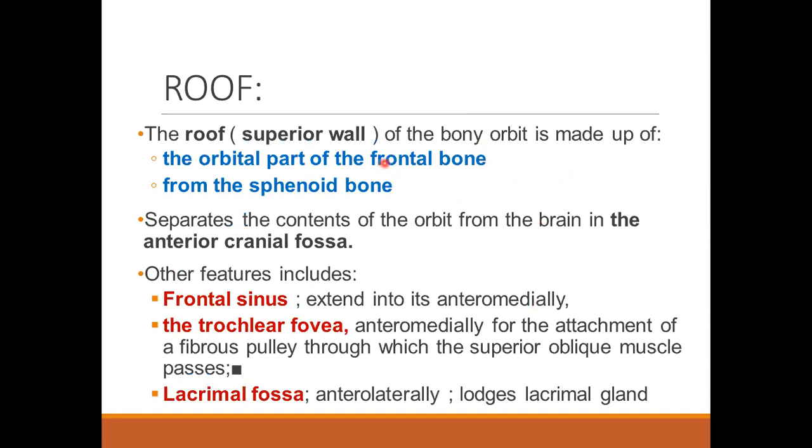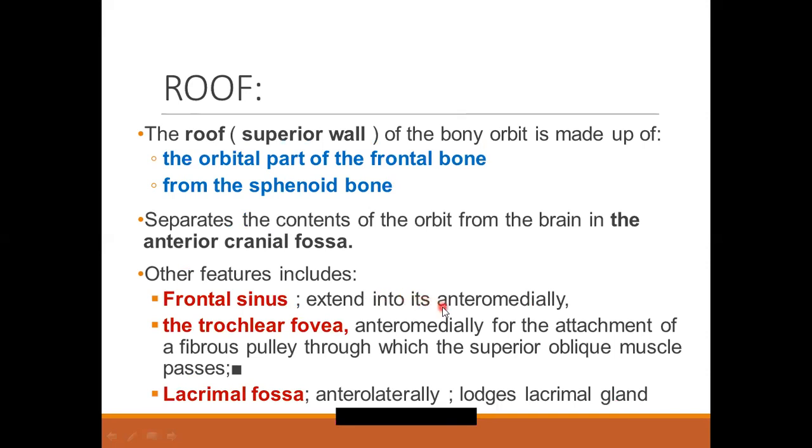The roof of the orbit, the superior wall of the bony orbit, is made up of the orbital part of the frontal bone and the sphenoid bone. It separates the contents of the orbit from the brain in the anterior cranial fossa. The other features include the frontal sinus, the trochlear fovea, and the lacrimal fossa.